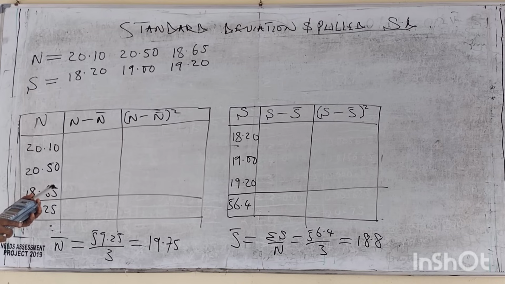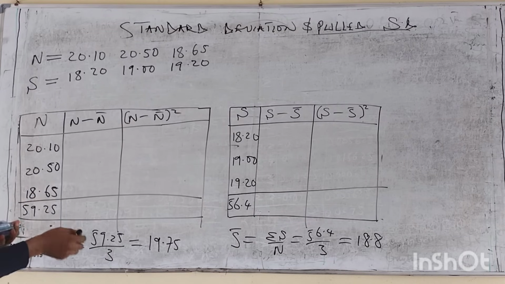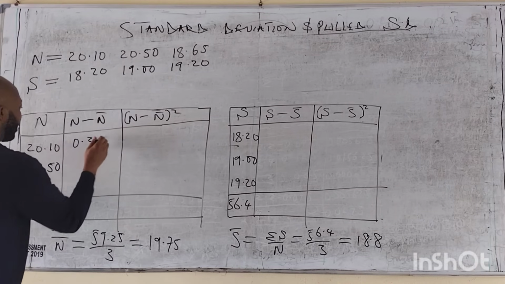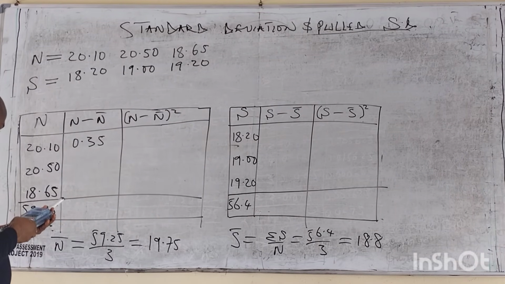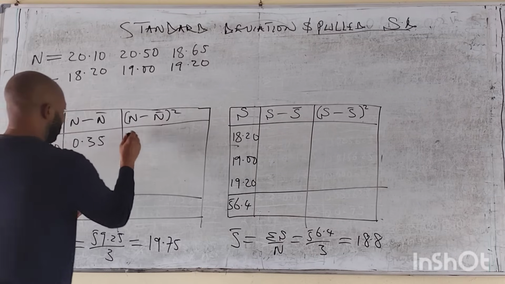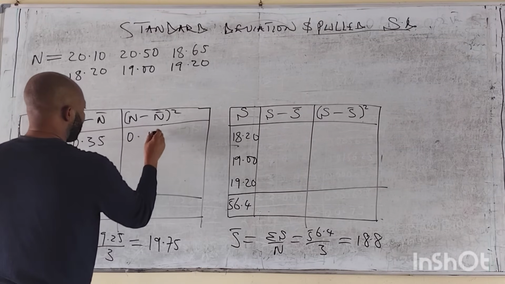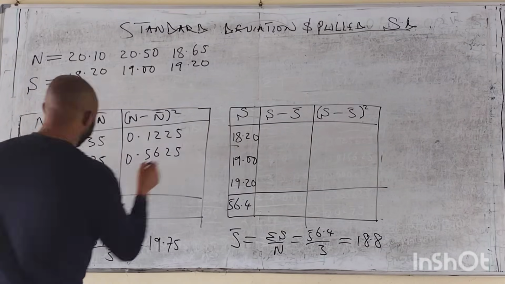Quickly, 20.10 minus 19.75 is equal to 0.35. Square that, we have 0.1225.